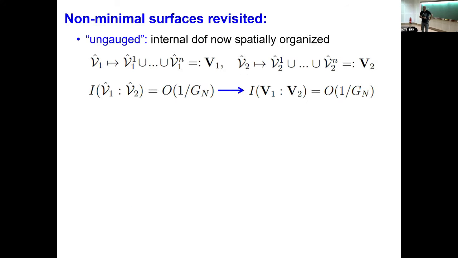And so if I go back and think about entanglement entropy, now the regions that I chose in my original conical defect become a collection of regions distributed around the AdS space. And so in the case where I'm asking, is there a large mutual information between these original regions, that amounts to saying, is there a large mutual information between these distributed regions in the covering space?